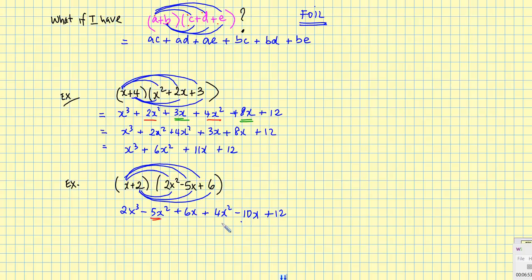We have an x squared and an x squared, and we have an x and an x, so I collect those like terms, and we have 2x cubed minus 5x squared plus 4x squared plus 6x minus 10x, and then plus 12. So that we have 2x cubed minus 1x squared minus 4x, and then plus 12. And that's our final answer.